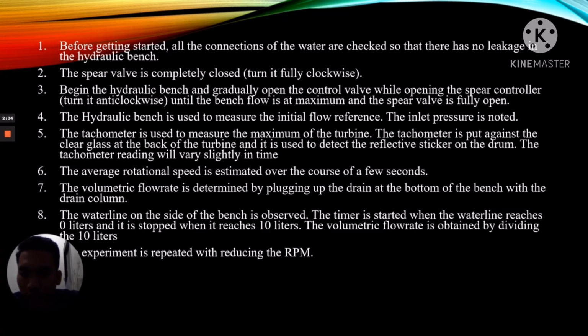Step number 8 is the water line on the side of the bench is observed, and the timer is started when the water line reaches 0 liters and stopped when it reaches 10 liters. The volumetric flow rate is obtained by dividing the 10 liters by the time. The last step is the experiment is repeated with reducing RPM.